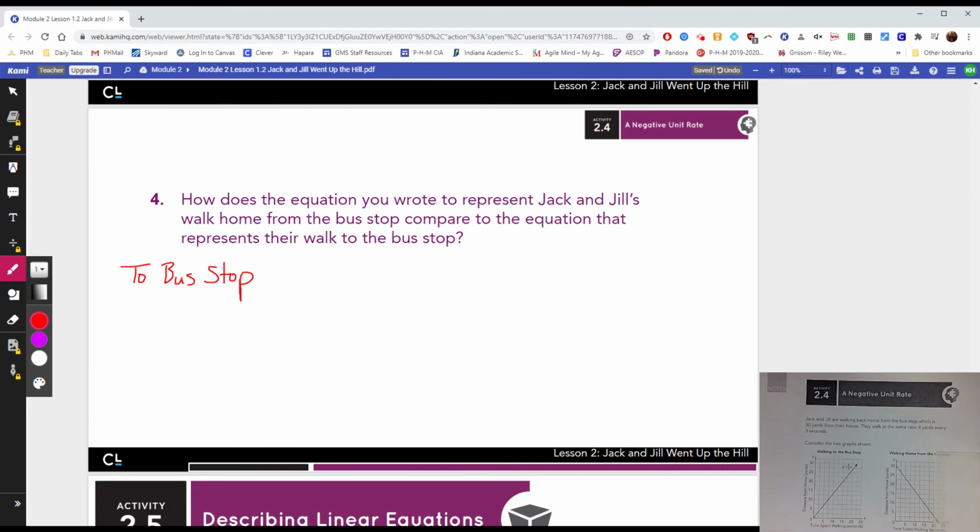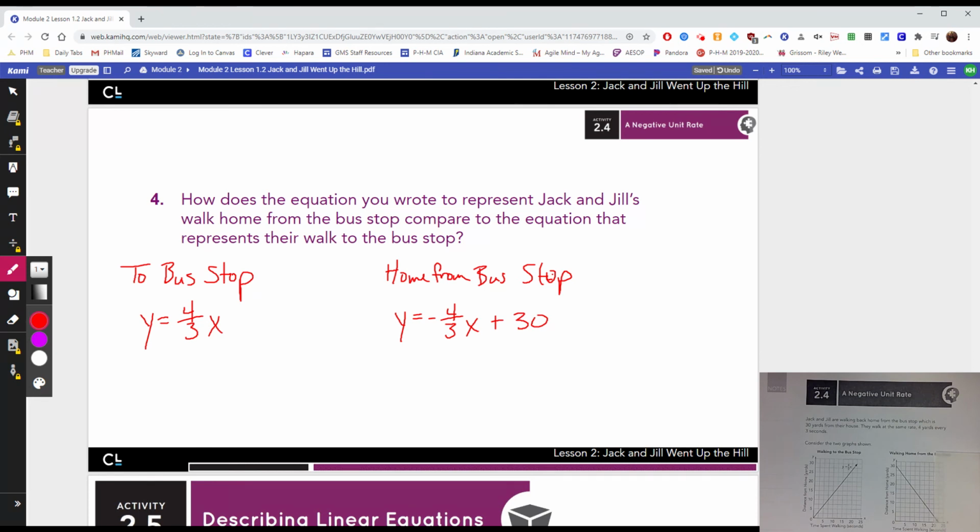We saw that the equation was d equals 4/3 t. Instead of d and t, we could use y and x. Y equals 4/3 x. So home from the bus stop, we just got done writing it. Y equals negative 4/3 x plus 30.